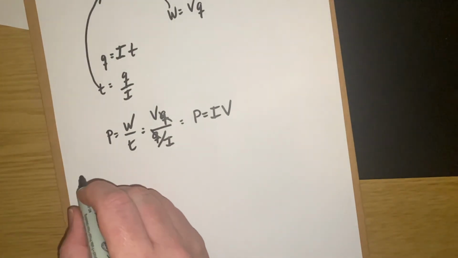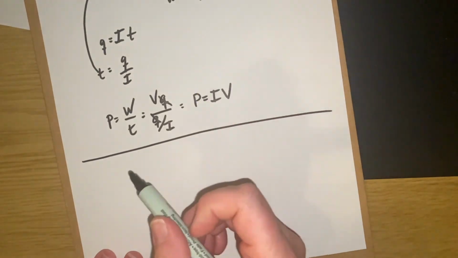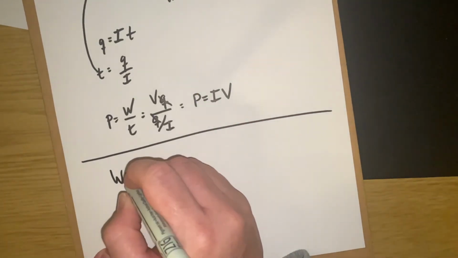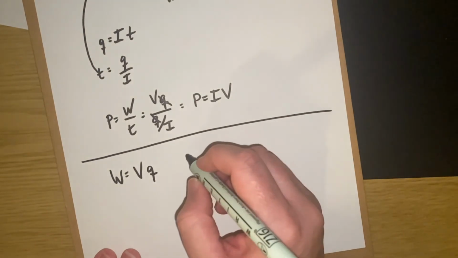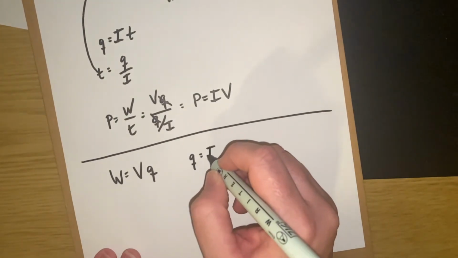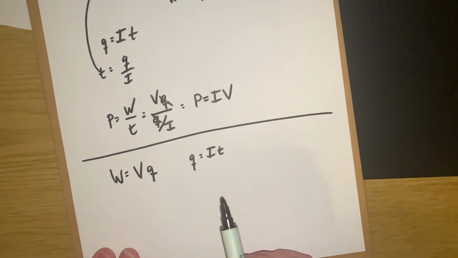The other way we can get there is by using the same idea up here, that work is equal to voltage times our charge, and we know that Q equals IT, which we had from up here as well.